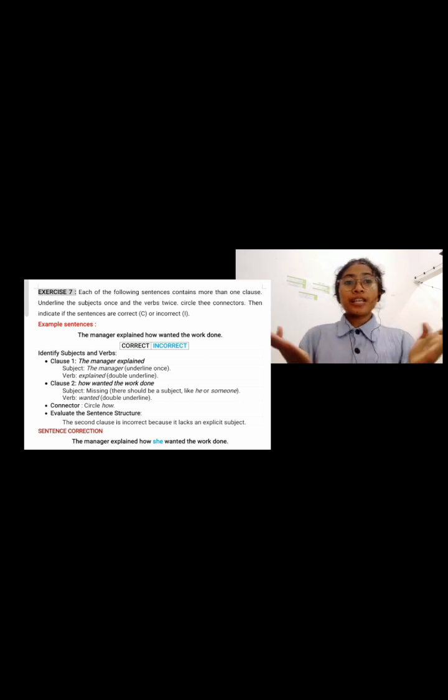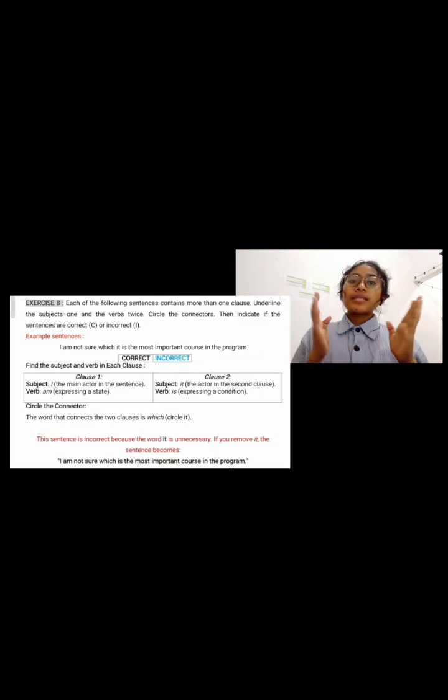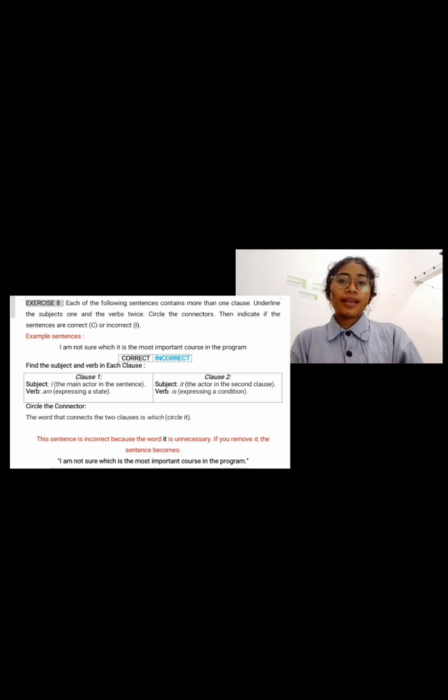Exercise 8. Each of the following sentences contains more than one clause. Underline the subjects once and the verbs twice. Circle the connector. Then indicate if the sentences are correct or incorrect. Okay guys, an example of the sentence is as follows. I am not sure which is the most important course in the program. Let's identify the subjects and verb in each clause. The first clause is I am not sure.